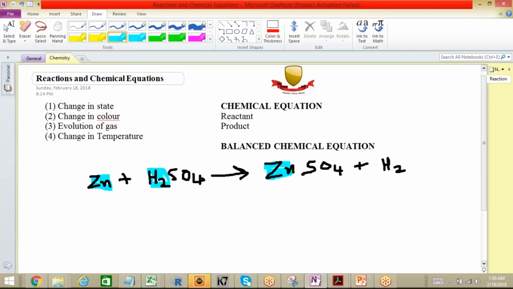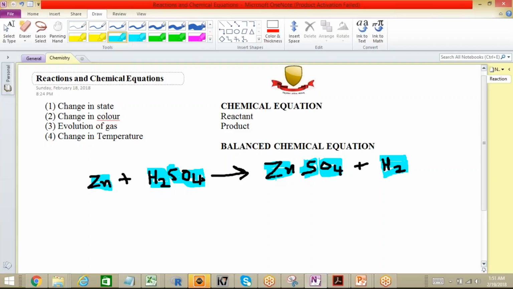Hydrogen has two atoms before the reaction, and similarly after the reaction it has two atoms. Then we have sulfur, which is one atom, and after the reaction also it has one atom. And we have four atoms of oxygen, both before and after the reaction. So this given equation is a completely balanced equation.